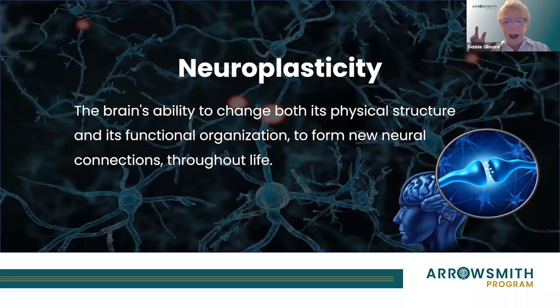They're those little branch-like structures on the cell body of the neuron, and that receives signals coming from other neurons. The brain can also form new neural connections. It can strengthen existing connections. It can grow new neurons. It can increase neurotransmitters. All of this fundamentally changes the brain's capacity to learn and to function.